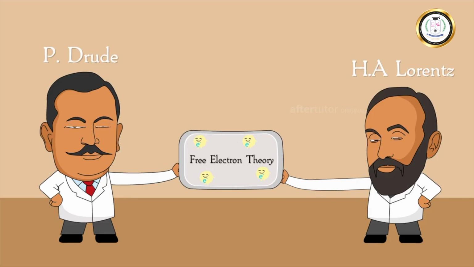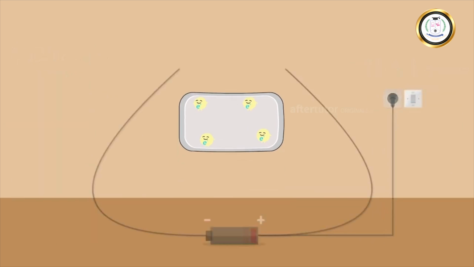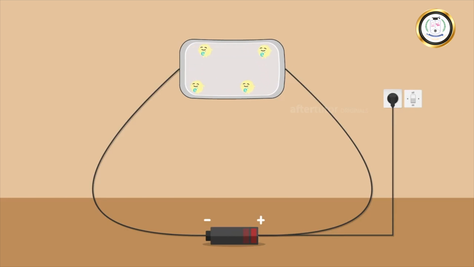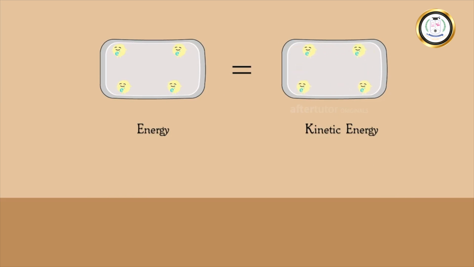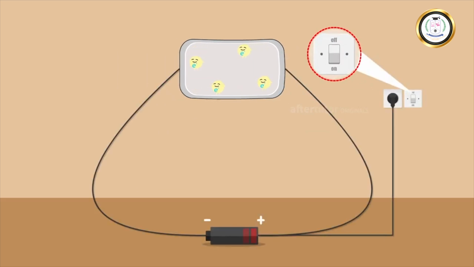Here, first we are considering a rod which has many number of free electrons. In absence of field, the free electrons are moving randomly. In absence of external electric field, the electrons are moving randomly. Now we switch on the circuit. In presence of field, how the electrons are moving?